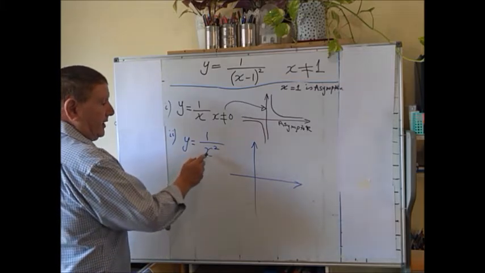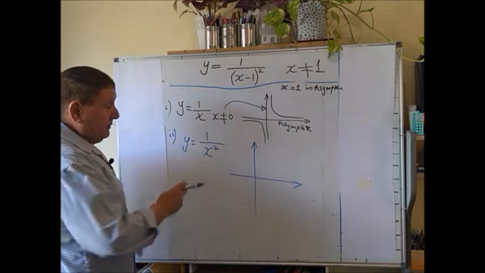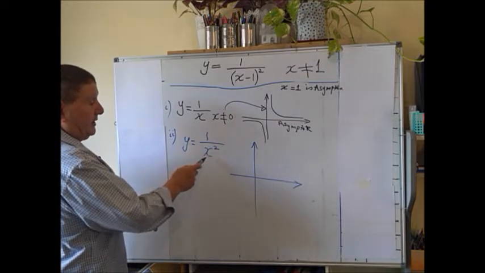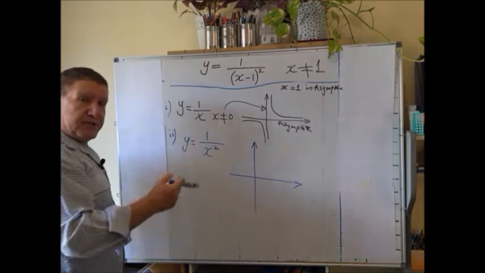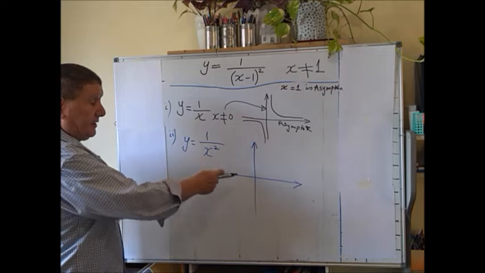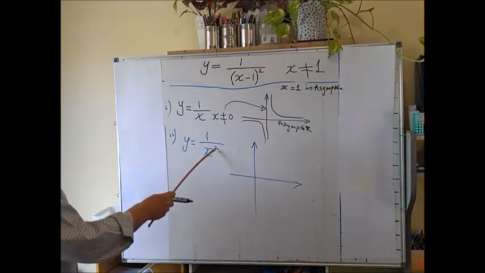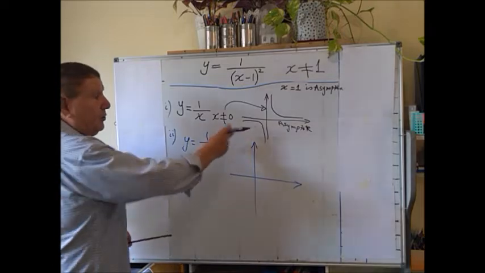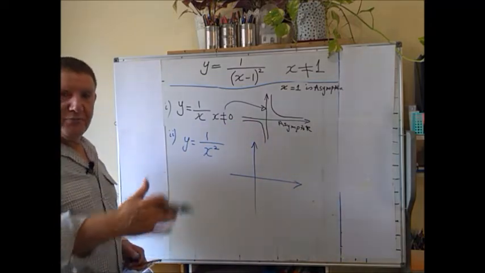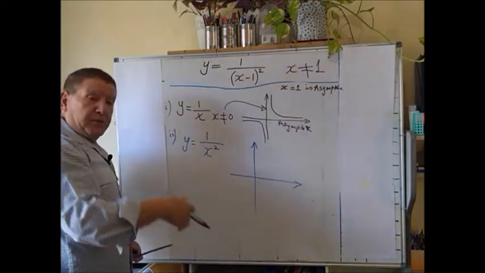Again, the x and y axes will be the asymptotes for the same reason we just discussed. But the difference is that y will always be positive, because we have a square. Even if x is negative, when you square it, it becomes positive. So we no longer have a branch of the graph below the x-axis. This will flip up to the positive side.